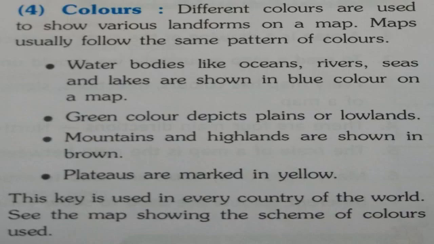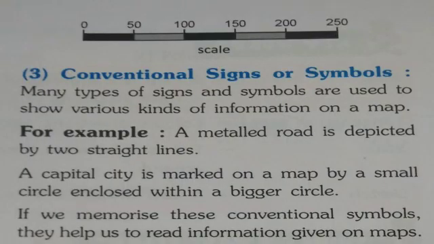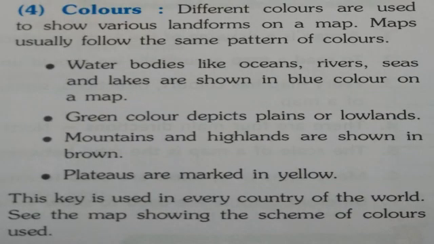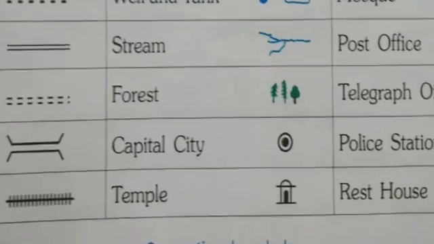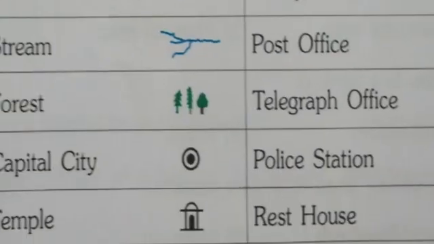So we can show a metal road with the help of two straight lines. A capital city is marked on a map by a small circle enclosed within a bigger circle. A small circle enclosed within a bigger circle shows a capital city, as you can see here.